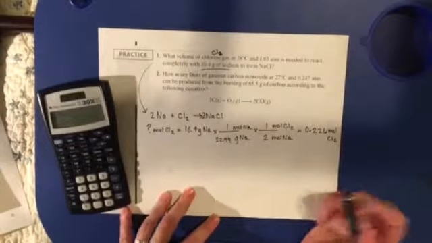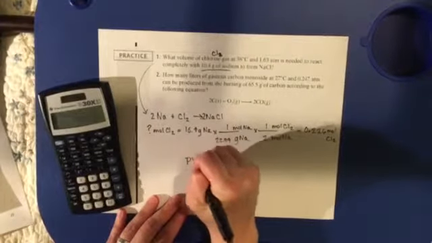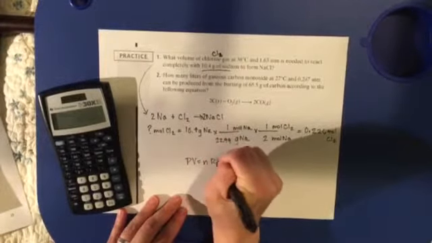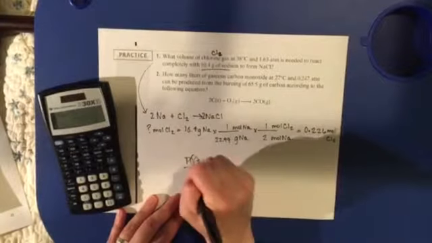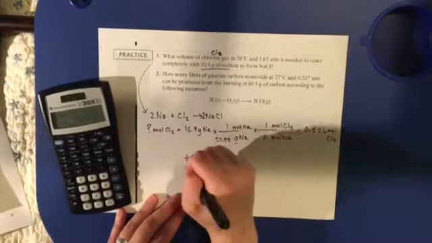So now I can figure out, by the ideal gas law, PV equals nRT. I can solve for volume. Divide by pressure, divide by pressure.